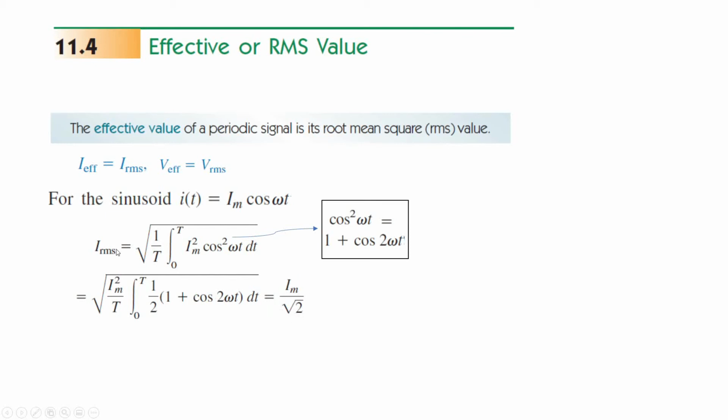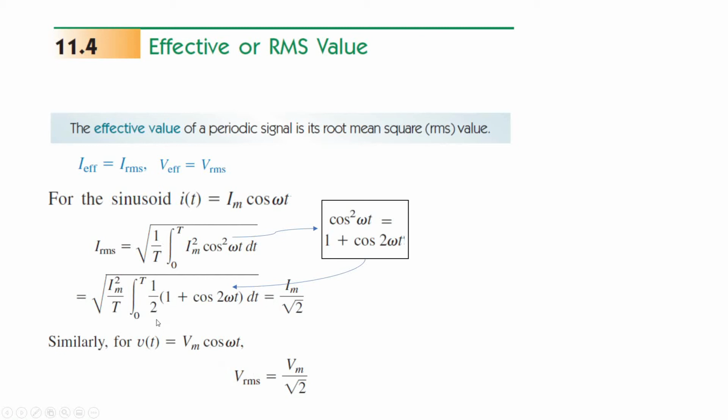So IRMS, the root mean square value of the AC current, is Im divided by root 2, where Im is the amplitude of the AC current. We can also find a similar expression for VRMS in terms of Vm.